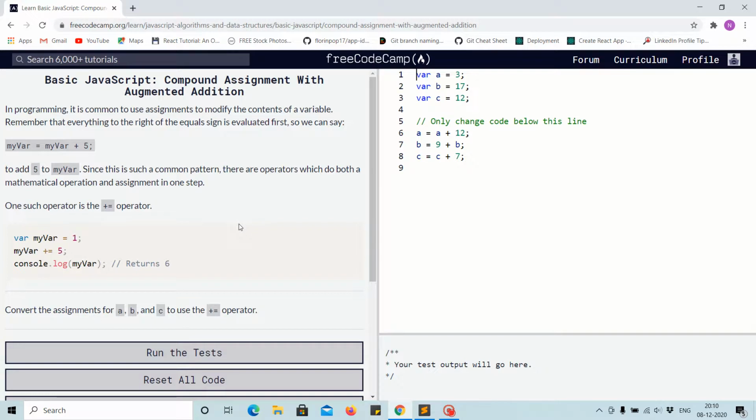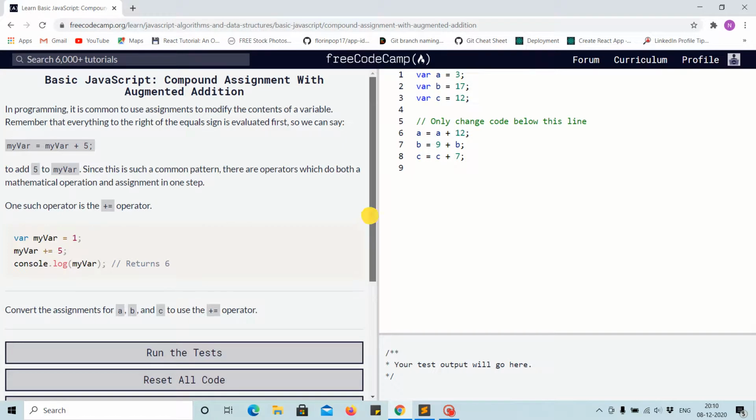Since this is such a common pattern, there are operators which do both a mathematical operation and assignment in one step. One such operator is the plus equals operator, where myVar equals 1, myVar plus equals 5. Console.log myVar, it will return 6.